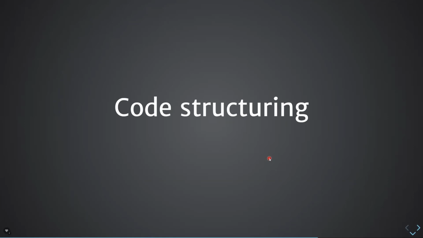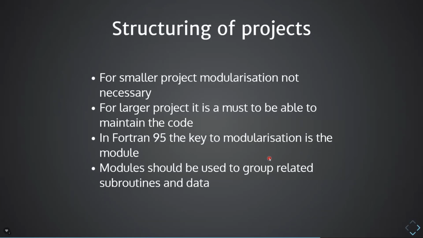I already mentioned modules and main programs. At some point your project will grow so large that it's difficult to maintain a single source code file, or multiple source code files or subroutines.